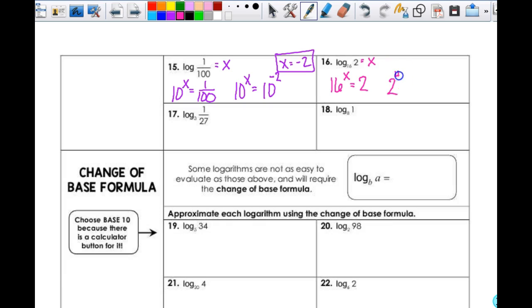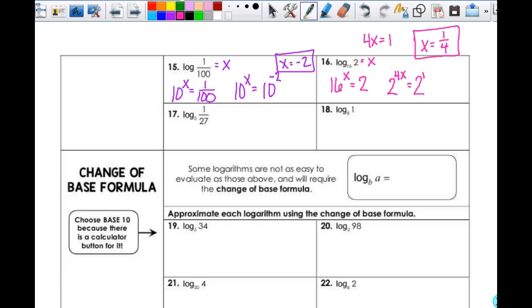So this is going to be 4, but I still have that x there. So 2 to the 4x is the same thing as 16 to the x power. That's equal to 2 to the first power, right? So now that my bases are the same, I know that 4x has to equal 1. So what does x equal? 1/4. Okay. Everybody okay with that? Any questions at all?